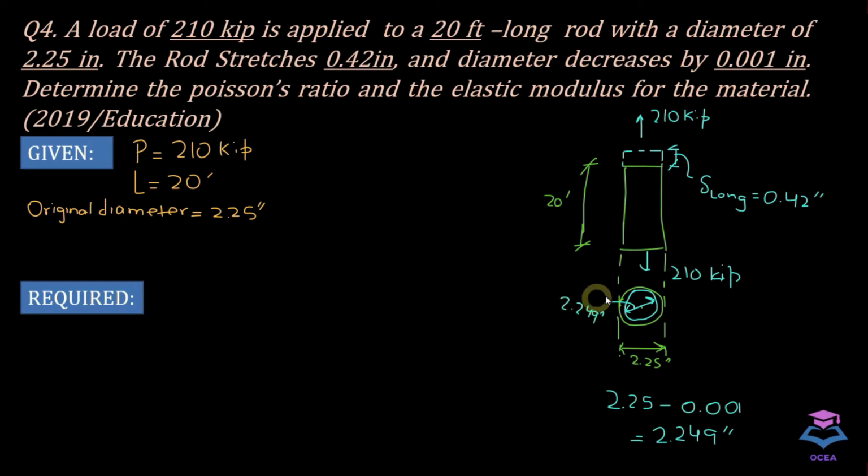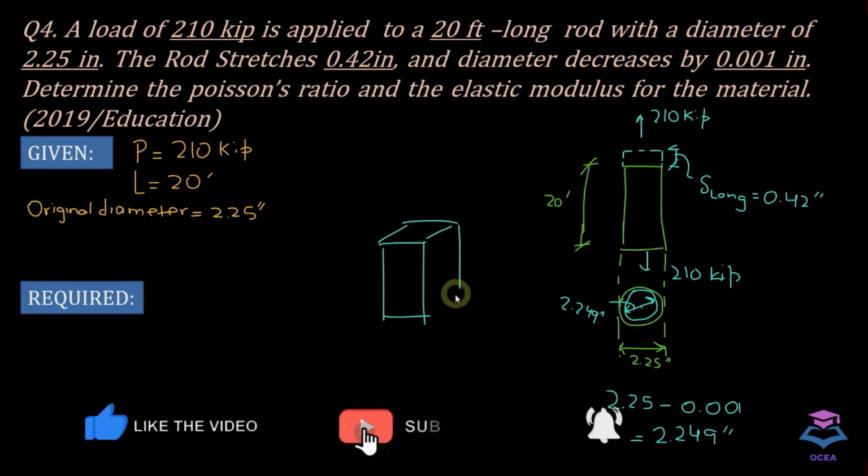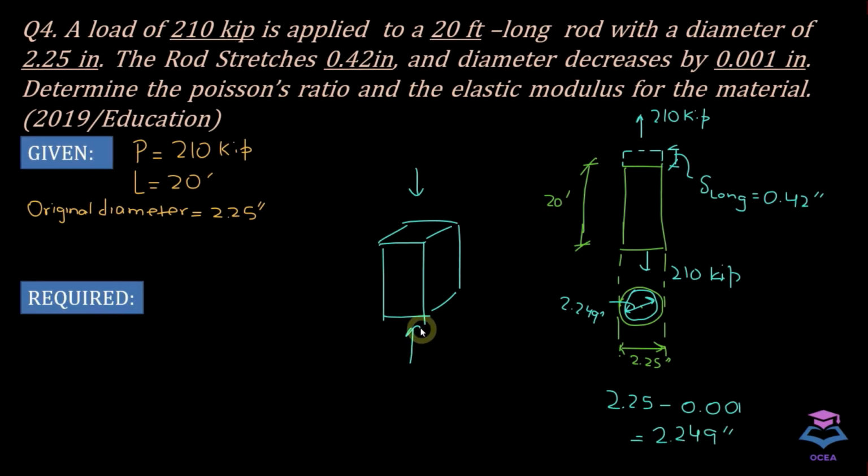Now why is this happening? The increase in the longitudinal or lengthwise direction causes the contraction or reduction in the cross-sectional dimension. It happens because of the phenomenon called Poisson effect. To understand the Poisson effect, let us consider an elastic material such as rubber. If I apply a compressive axial load to it, what would happen?